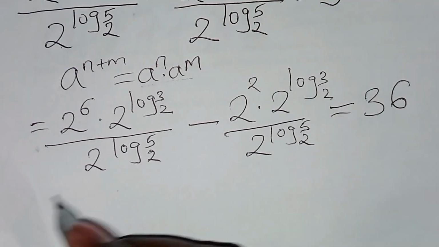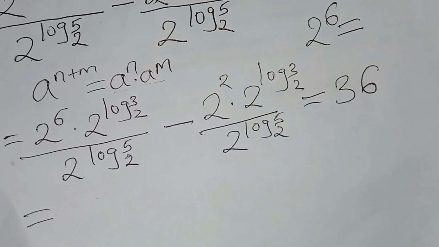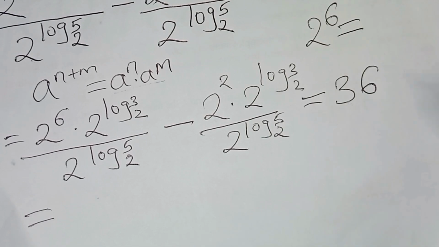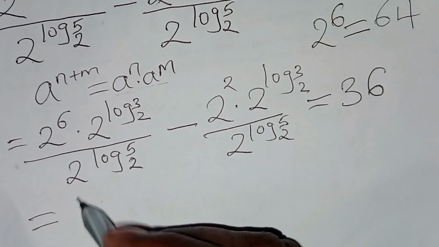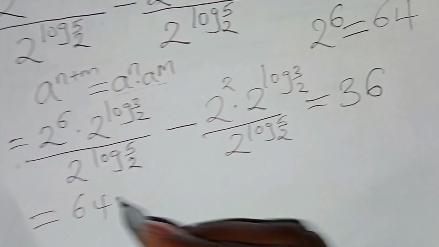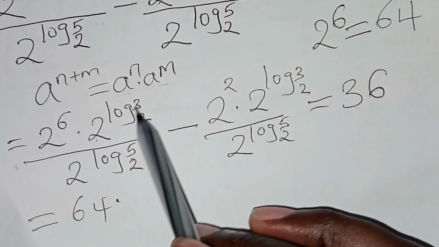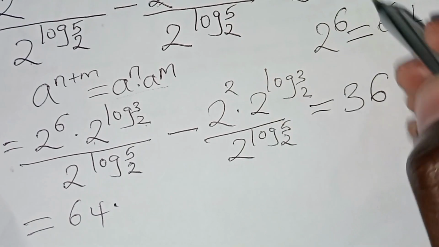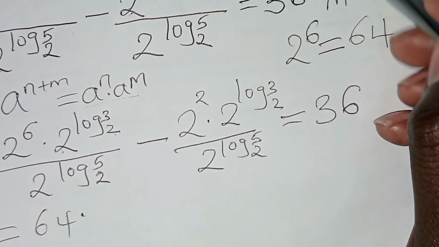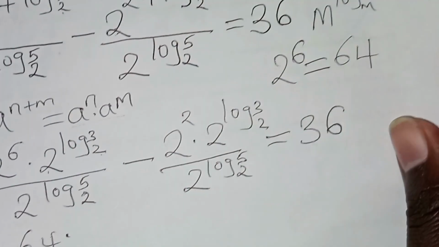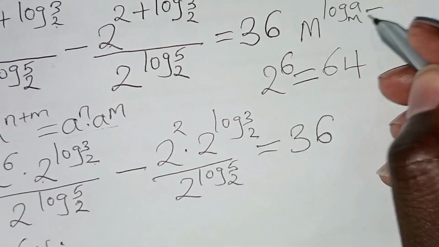Okay, let's proceed. Now here we have that 2 to power 6 is actually equal to 64. So we'll have 64 multiplied by 2 to power log 3 to base 2. This is in the form of m to power log a to base m, which we can essentially transform as a.